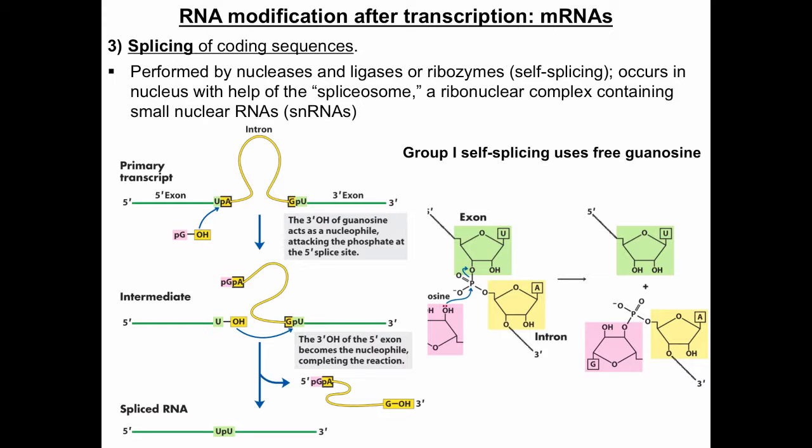Then you have a 3',5' phosphodiester bond between your 5' exon and your 3' exon. So that's the mechanism by which an intron is removed using the group 1 self-splicing mechanism.